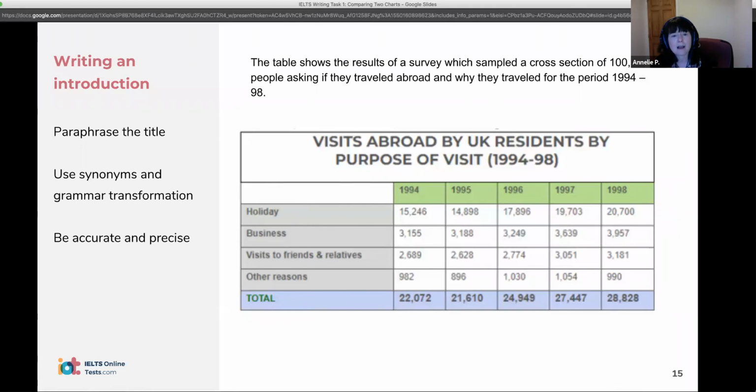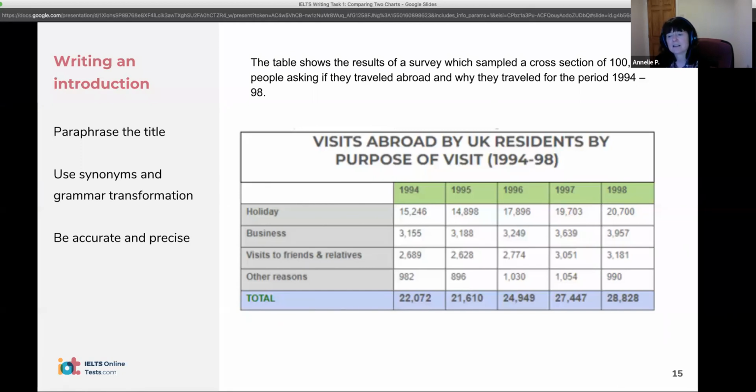So looking at the title that's there, which words do you think we can paraphrase? You don't have to paraphrase everything, but which words would be easy to use a synonym or to change in some way? Yeah, okay, so shows definitely would be something. We could also change people. Abroad, Raoul, very good. I think that's definitely one that you could change.